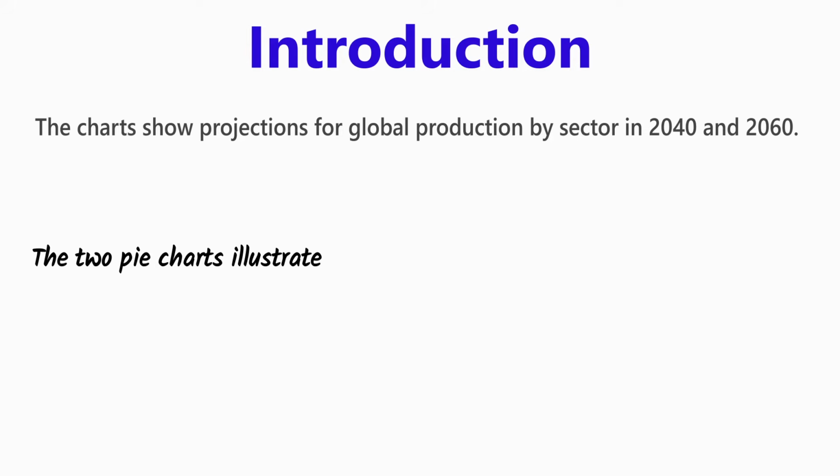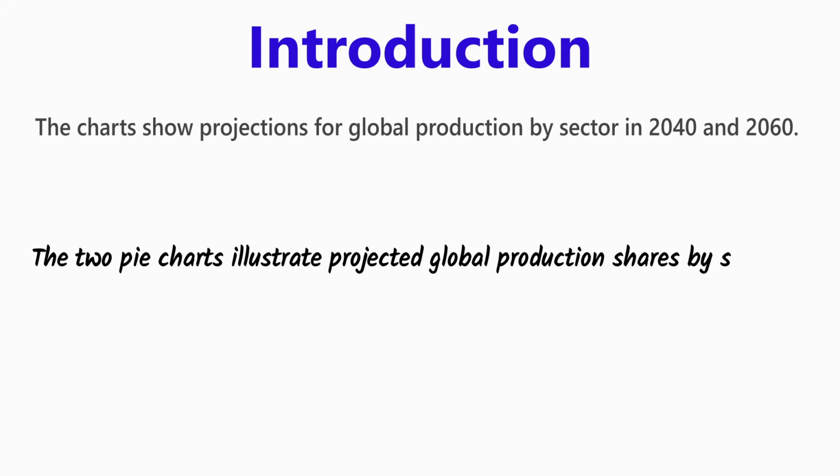Instead of that, we can write projected global production. In the question, there is by sector in 2040 and 2060. We can write production shares by sector for the years 2040 and 2060, all right?